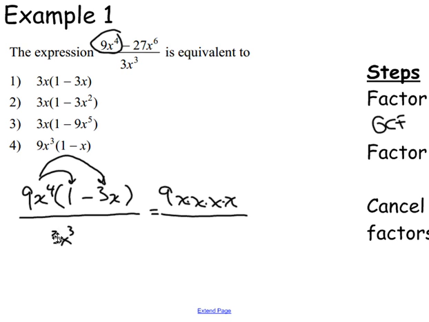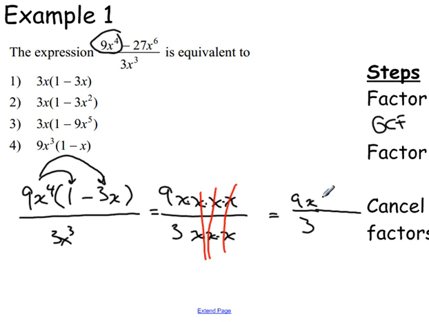And x to the 3rd is x times x times x. So what's going to end up happening is these x's will cancel, these x's will cancel, these x's will cancel. So I'll be left with 9x over 3.